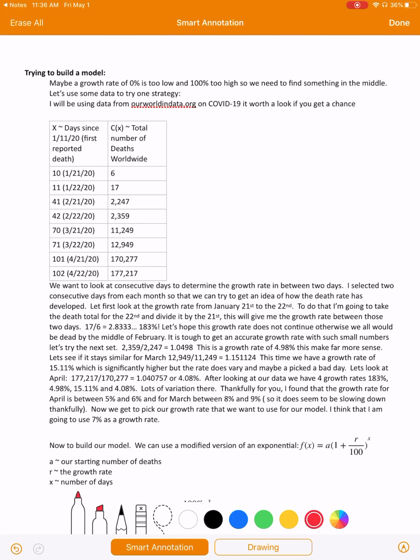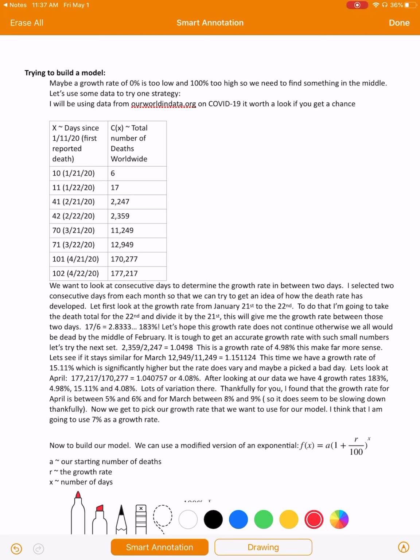So the first step is to find a growth rate, right? A growth rate is looking at, in this case, from one day to the next, how many more deaths we have compared to the previous day. That'll give us our growth rate. So we want to look at the growth rate between 2 days.